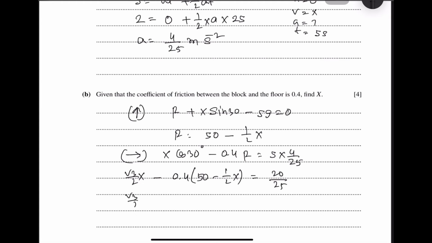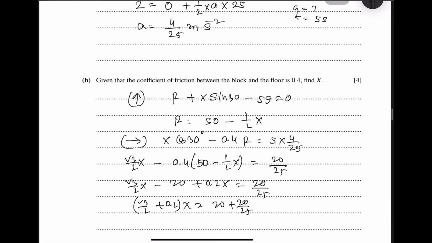Root 3 by 2 x minus 20 plus 0.2x equals 20 by 25. So (root 3 by 2 plus 0.2) x equals 20 plus 20 by 25.